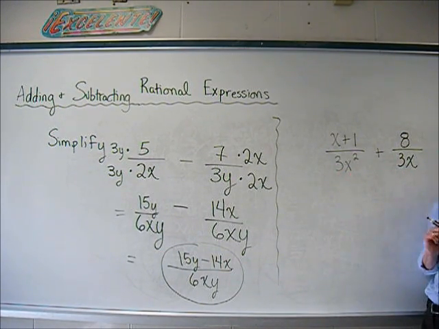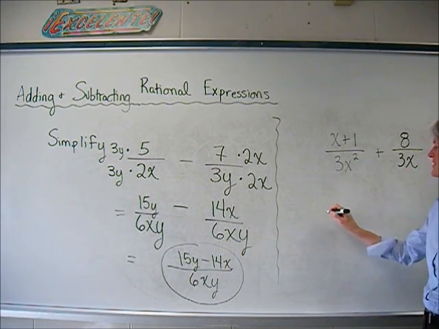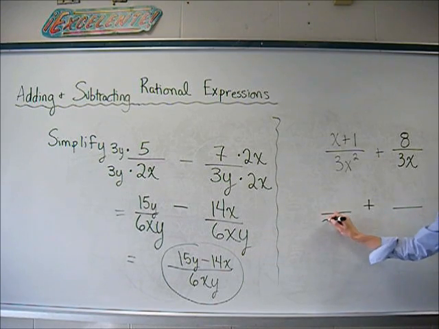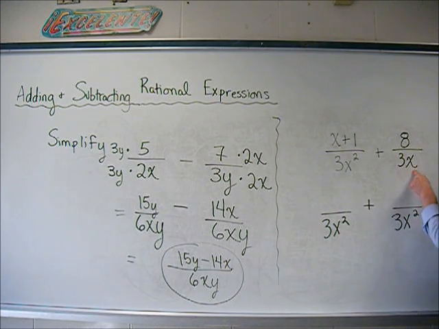This is just a 3 times x. Now in this case, I don't want to get a complicated common denominator and multiply them together. I think I can just tweak this one over here. What does this not have that this has? It needs another x. So I can actually use this as my common denominator and just change this fraction.